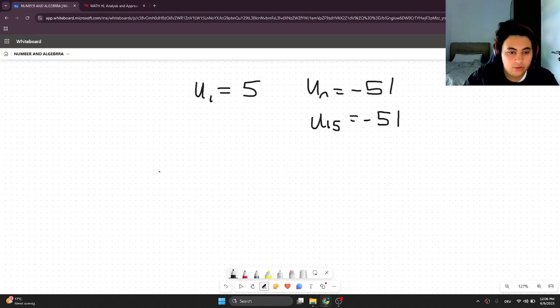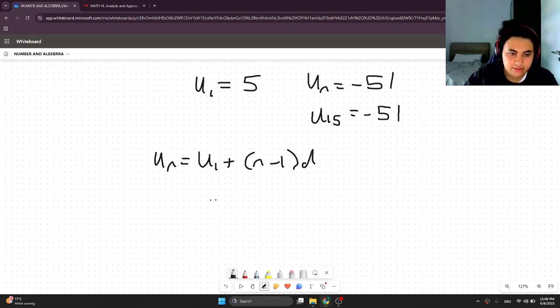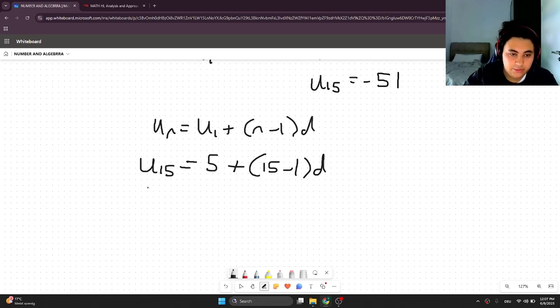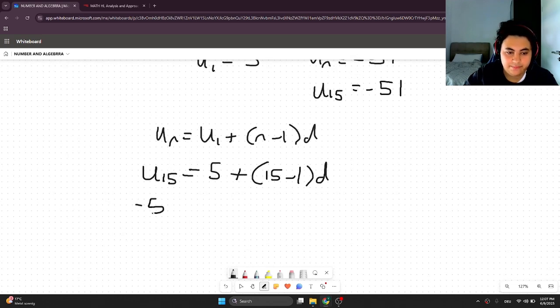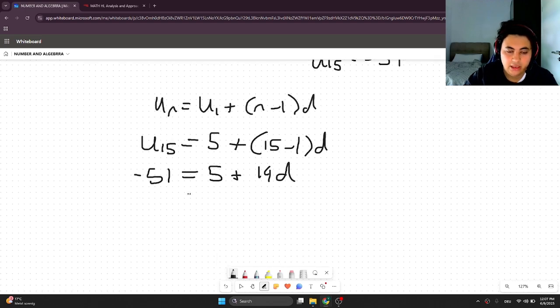So we can use this formula right here for arithmetic sequences to find the common difference. We're going to have u15 is equal to u1, which is 5, plus 15 minus 1 times d. So u15 is equal to negative 51 is equal to 5 plus 14d. We're going to subtract 5 from both sides, so we have negative 56 is equal to 14d.